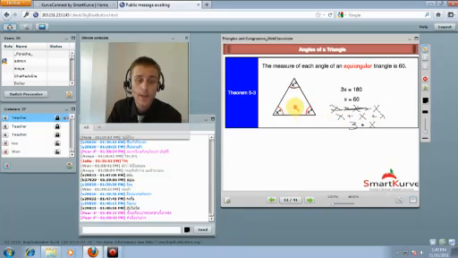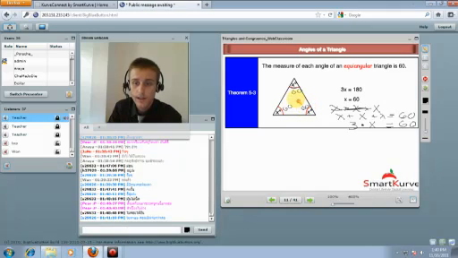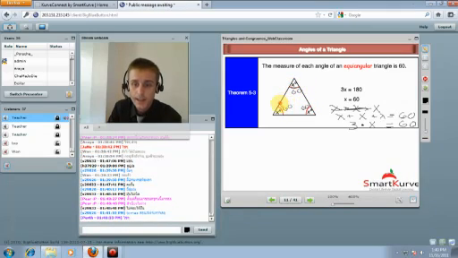And since we know that all triangles equal 180 degrees, we know x must equal 60 in an equiangular triangle. So this is 60 degrees, this is 60 degrees, and this is 60 degrees. These red lines at the angles show you that they are all equal.